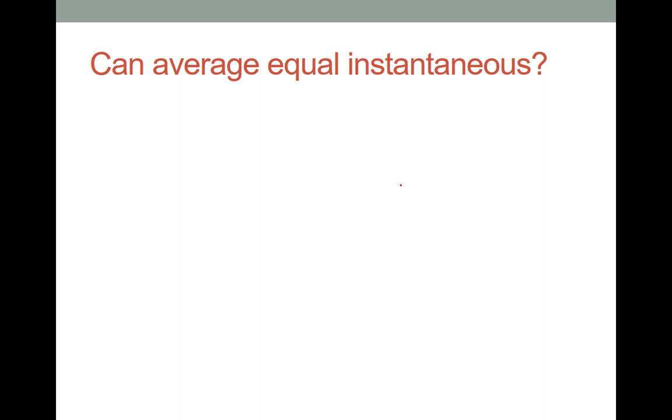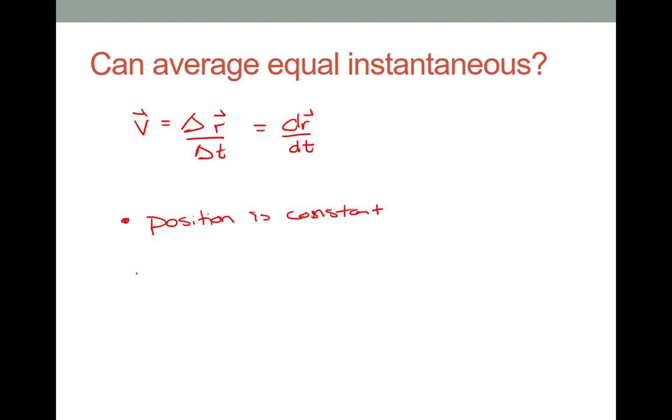Can your average velocity ever equal your instantaneous velocity? Or in other words, can v equal delta r over delta t equal dr dt? And the answer there is yes. Average will equal instantaneous when position is constant, or when velocity is constant.